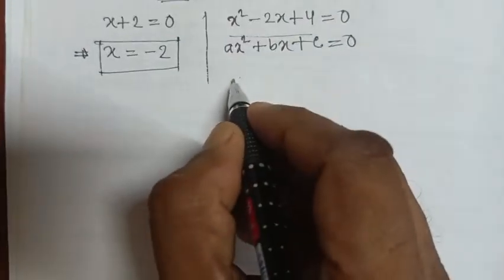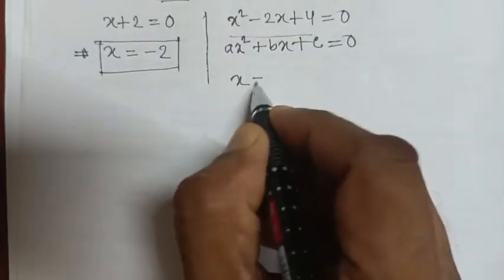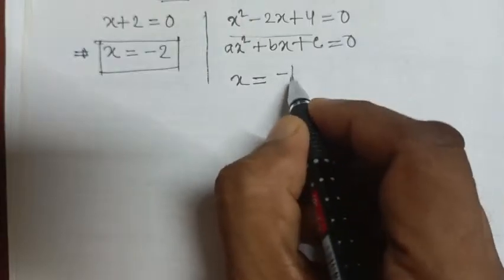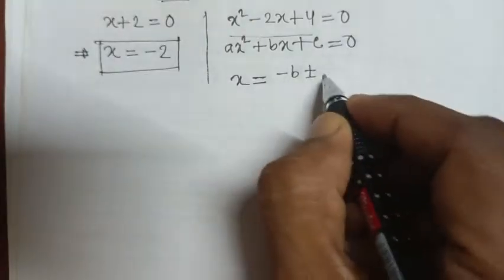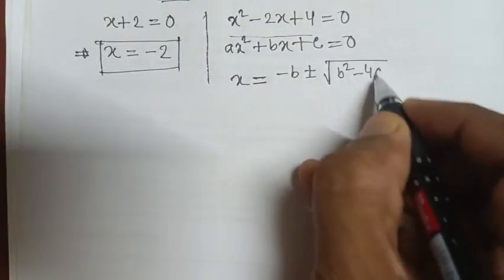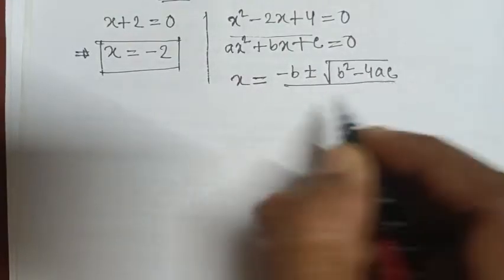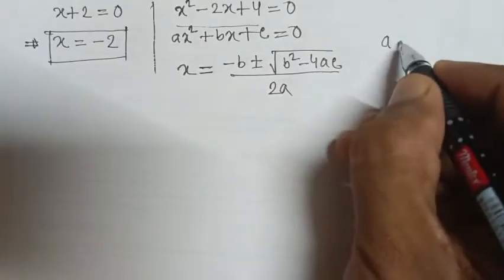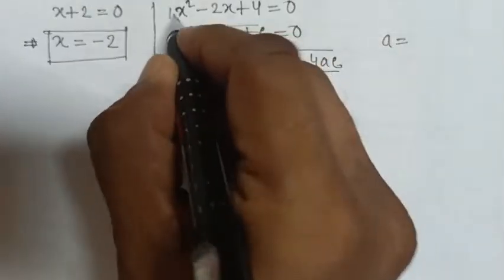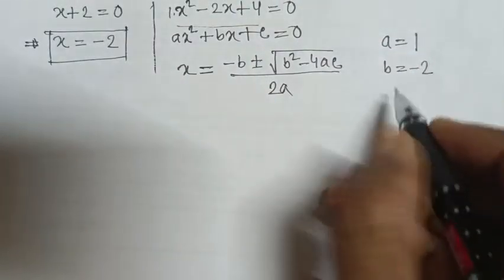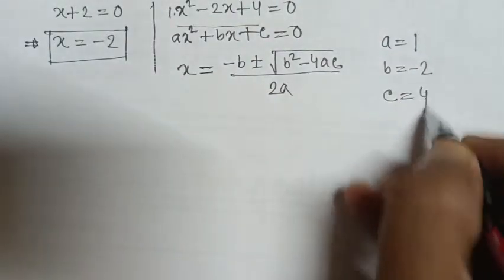So the root of x may be expressed as minus b plus minus root over of b square minus 4ac by twice a, where a is 1, b is equal to minus 2 and c equals 4.